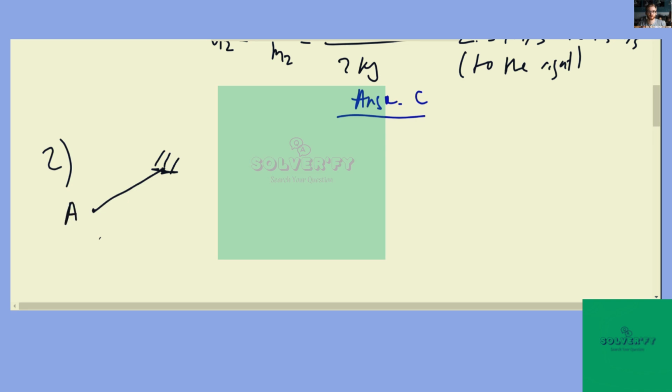So that's point A. The length of the pendulum is L. Here is the ground, which is the zero level. And this length is L. So what do we know here? We know that points A and C are at the same height, so point C would be somewhere here.